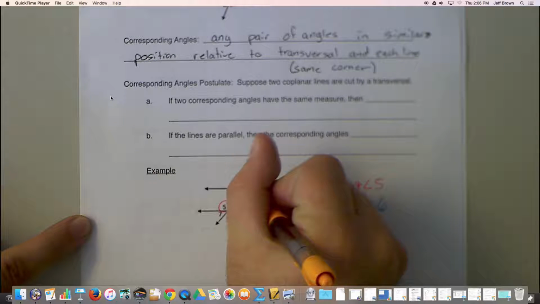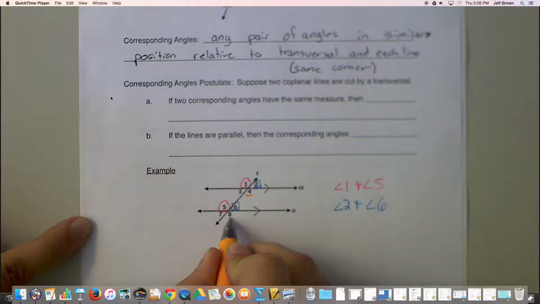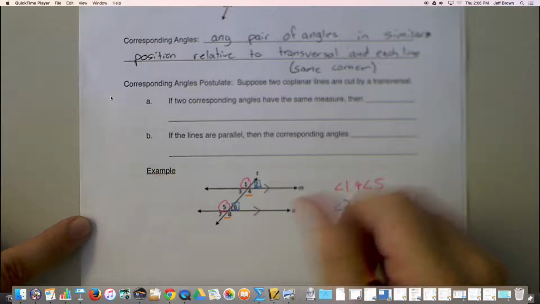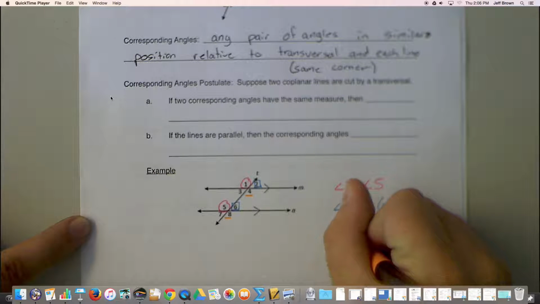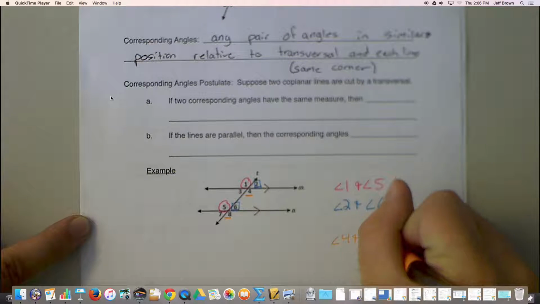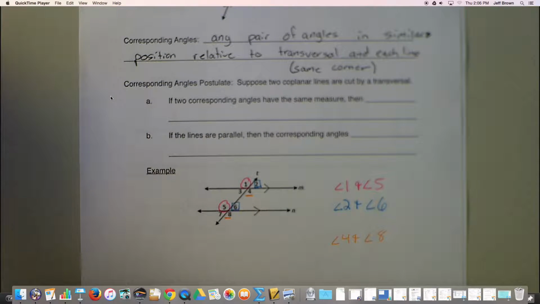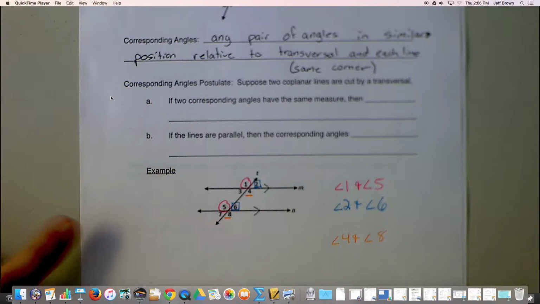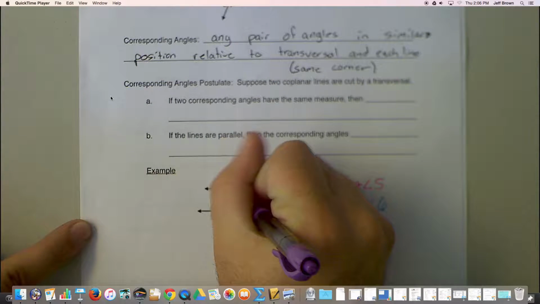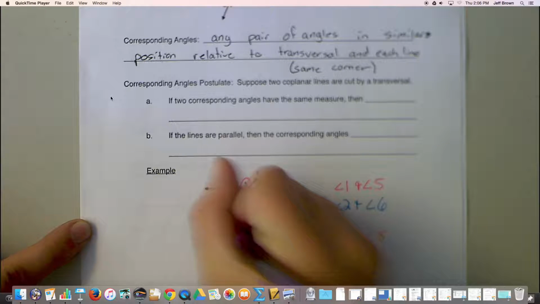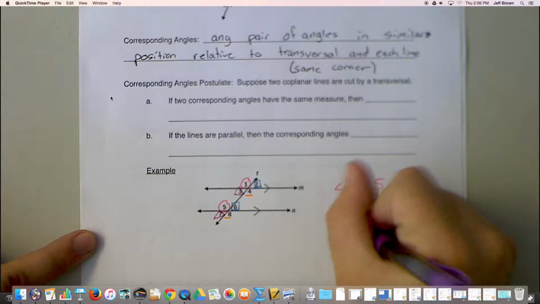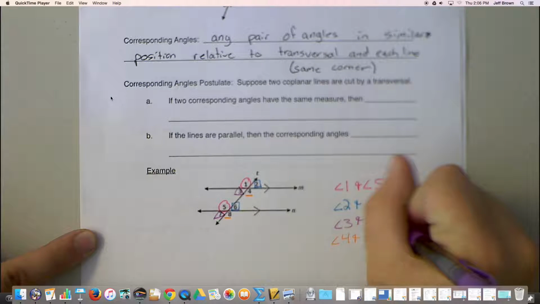So angle 4 is on the bottom right. That matches up with our angle 8. I kind of went in the wrong order. Alright, so we have angle 4 and angle 8. And then our last pair that we have is angle 3 here and angle 7. Those are on the bottom left. So I have angle 3 and angle 7.